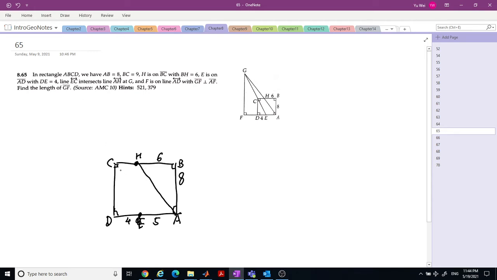The line EC will intersect with AH at G. And GF is here. So we want to find the length of GF.